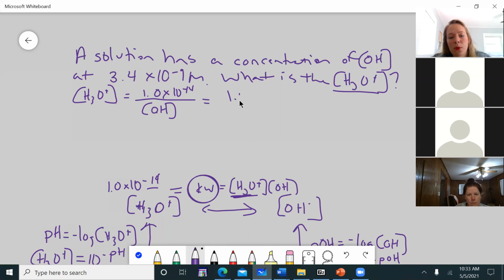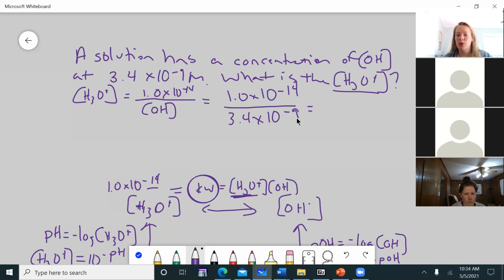So let's plug it in: 1.0 times 10 to the negative 14 divided by our OH, which we said was 3.4 times 10 to the negative 9. I can already tell that this number is smaller than the 10 to the negative 7 cutoff, so there's less base than acid, so it's going to be acidic. And we'll plug it in to get the actual number.